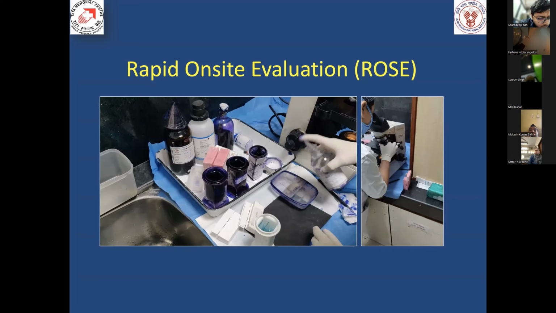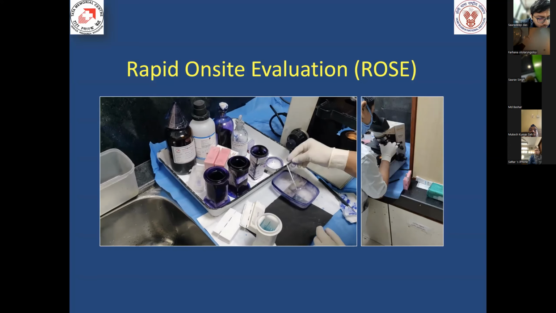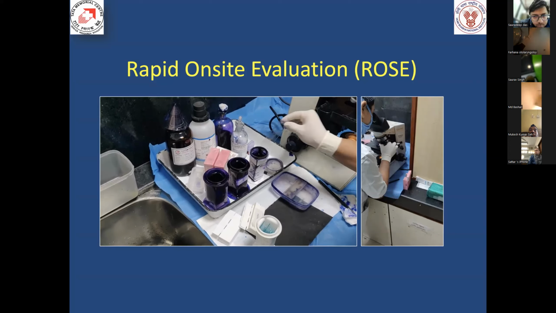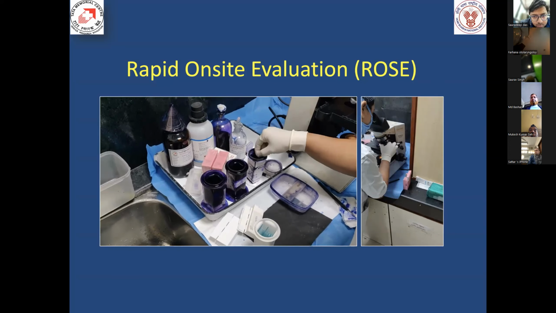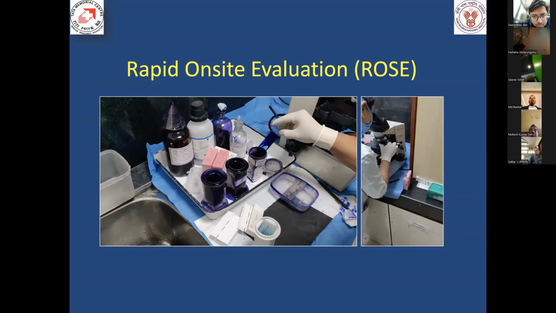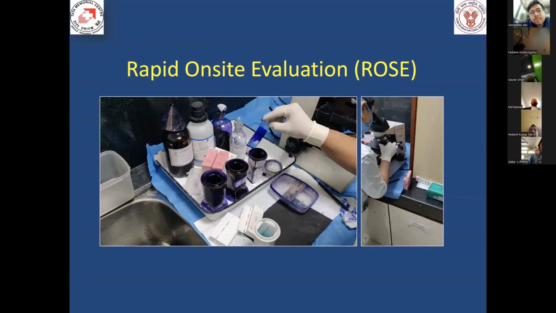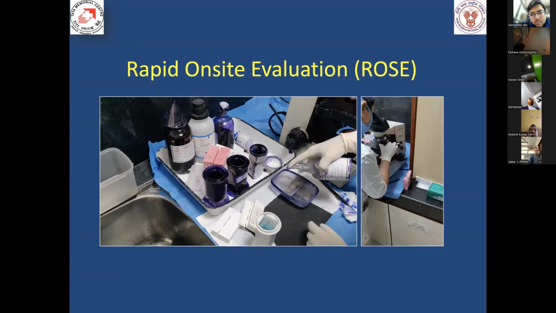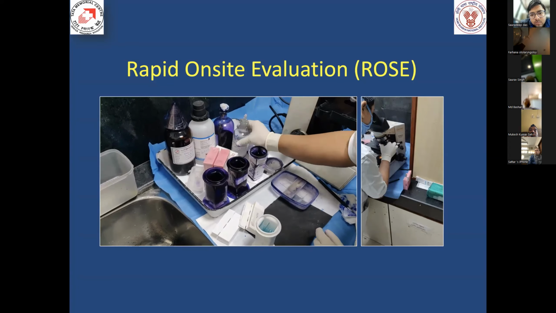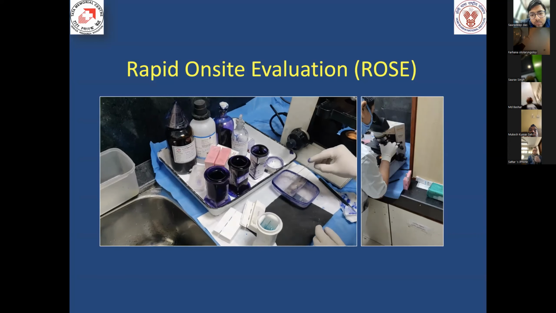If they say that there is no representation, then we redirect the needle so that a better area is targeted. Overall, because of this, the yield is much higher, and the need for repeat biopsy, repeat FNAC, significantly goes down. So we pretty much do all the biopsies and FNACs using ROSE.